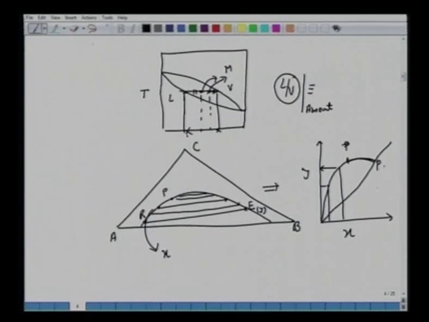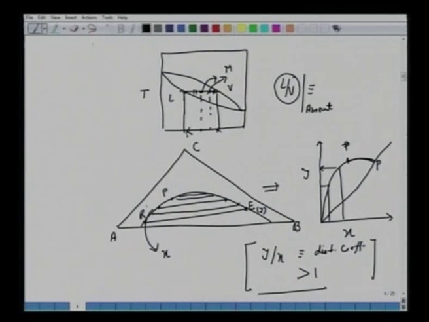So we have this Y versus X diagram. For our understanding, we can call Y versus X the distribution coefficient. At the plait point there is no separation, so it's always greater than 1 above this 45-degree line. Beyond P there are no phase separations.